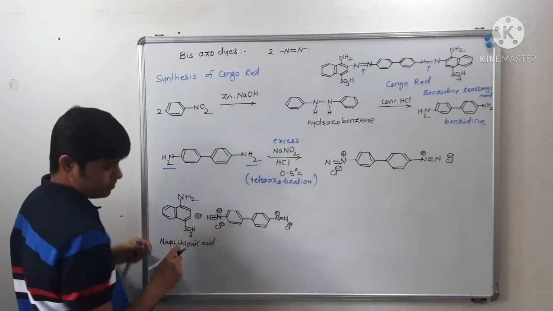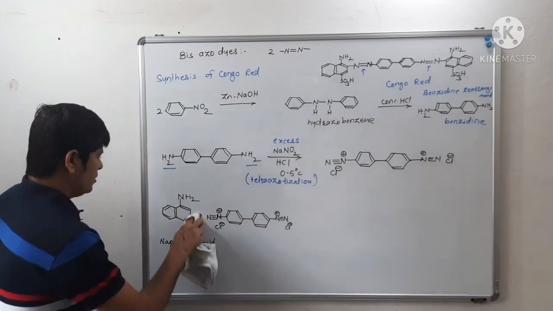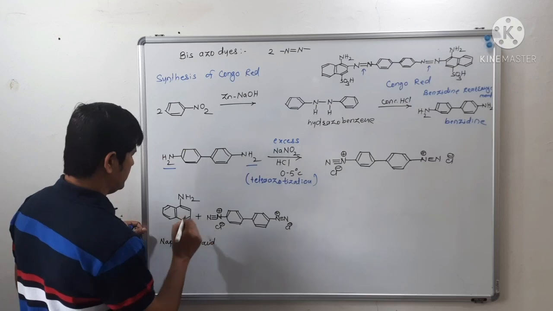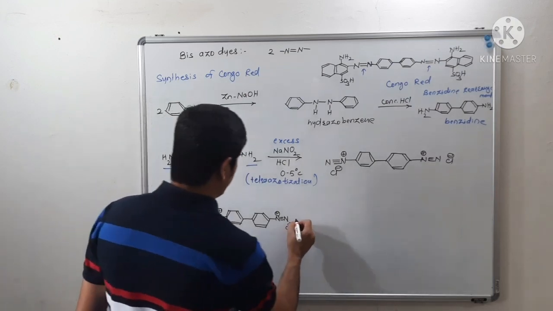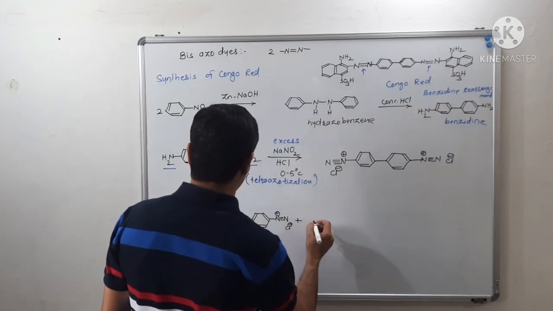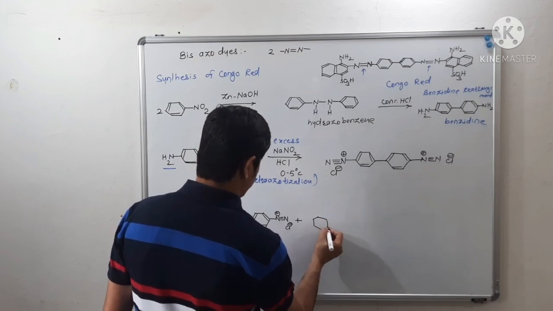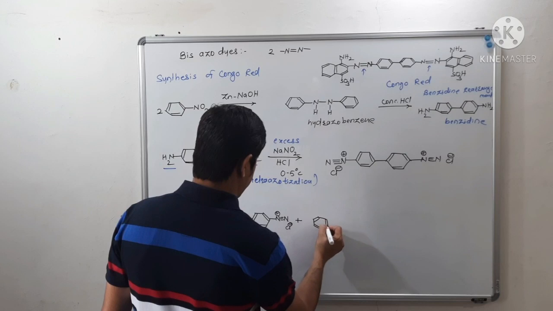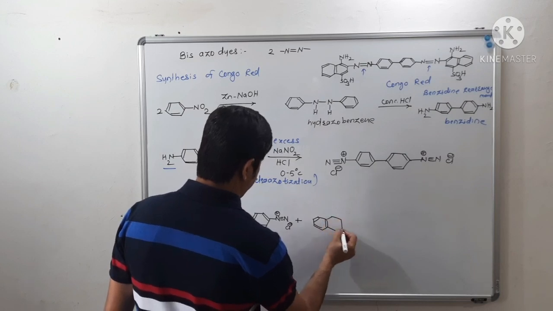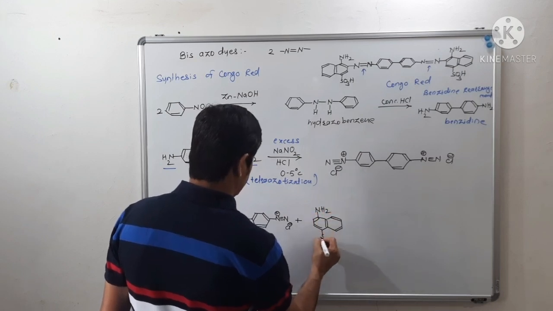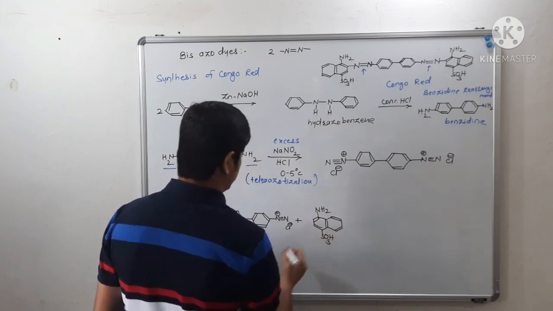We will require 2 moles of naphthionic acid here: NH2, SO3H.